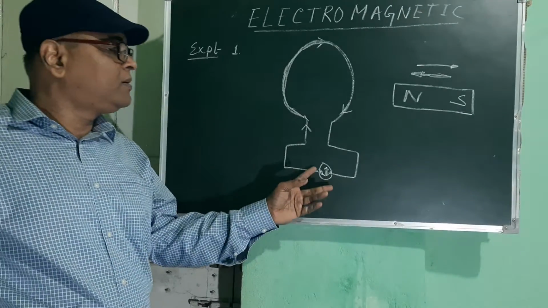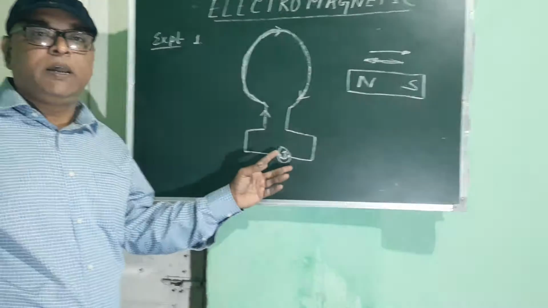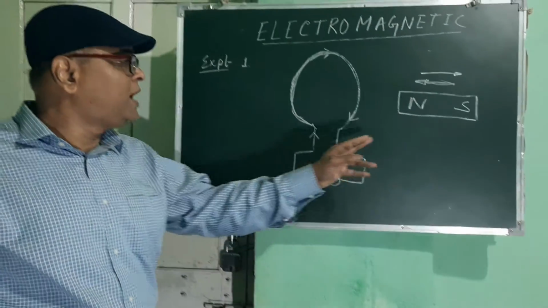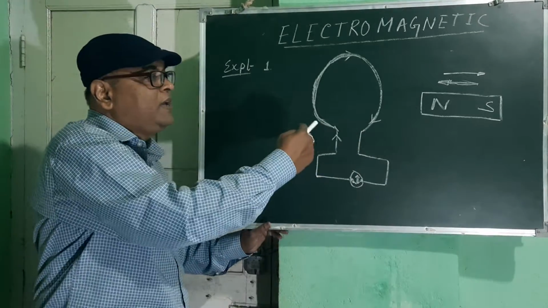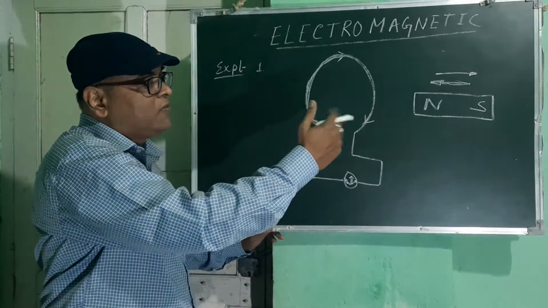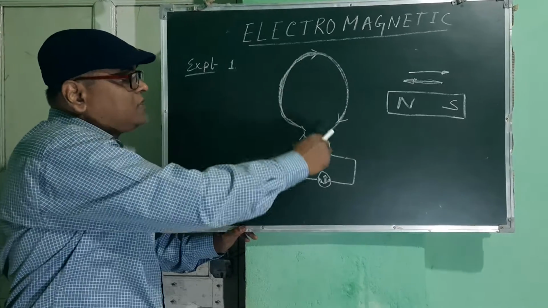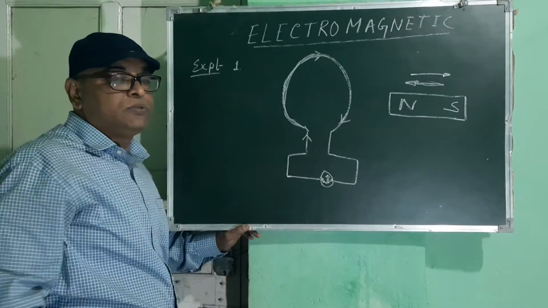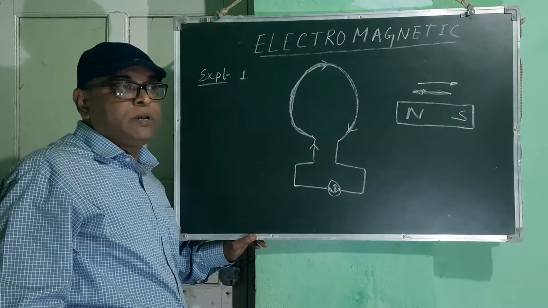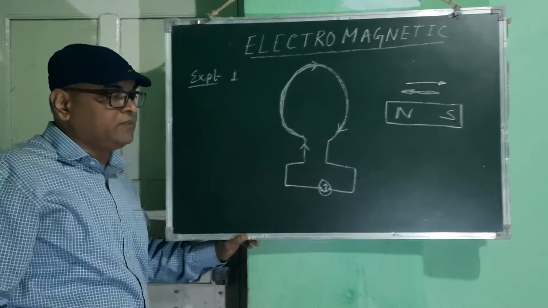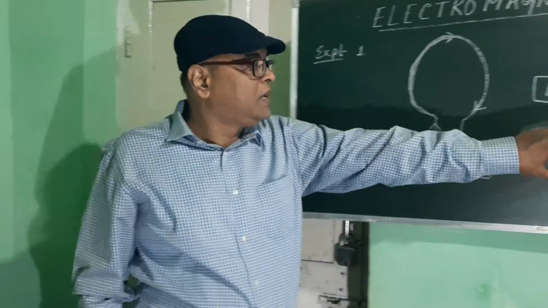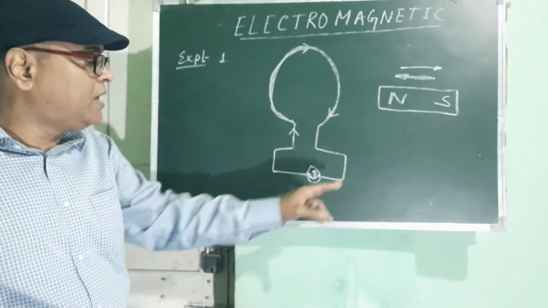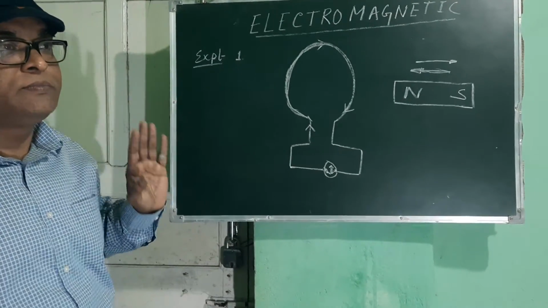Why does the galvanometer give deflection? As soon as the magnet is moving towards or away from the coil, charge starts to flow, which means instantaneous current is produced, and that is shown by the galvanometer. As soon as the magnet is at rest, there will be no deflection.